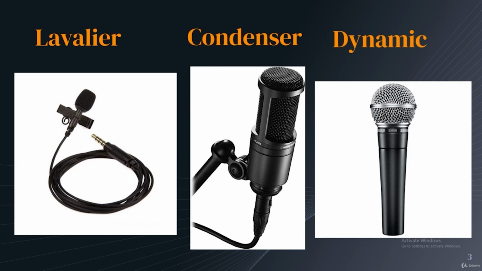Then maybe if you want to up the game, and if you are mainly recording your voice while sitting with the computer, then focus on condenser mics. And after that, if you have enough money, concentrate on dynamic mics. There is also a fourth type of mic that I did not talk about, which is a shotgun mic.